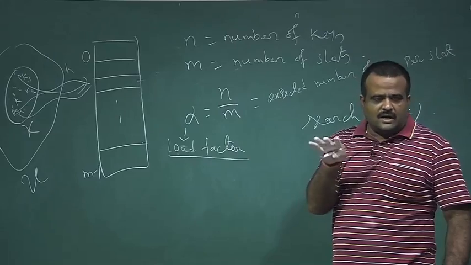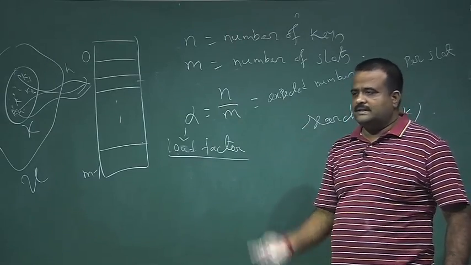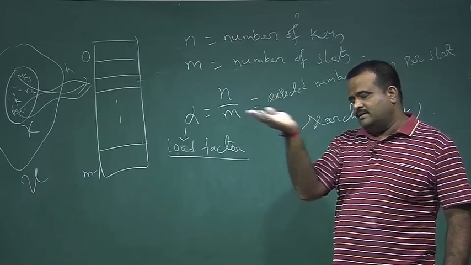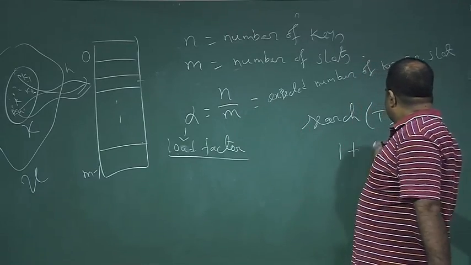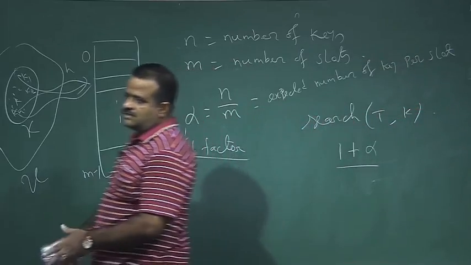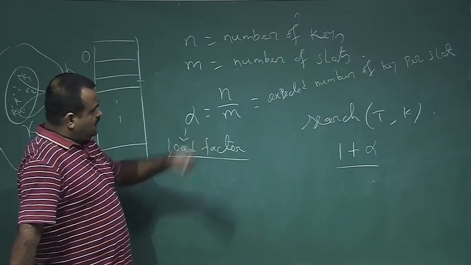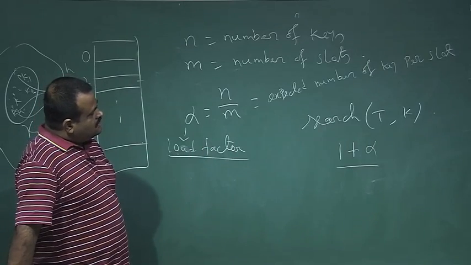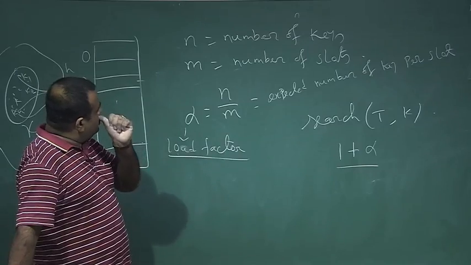We just have to scan that list, that chain. So, that will take this much time. This is the time for searching if our hash function is distributing the keys uniformly. This is the analysis of the chaining method.